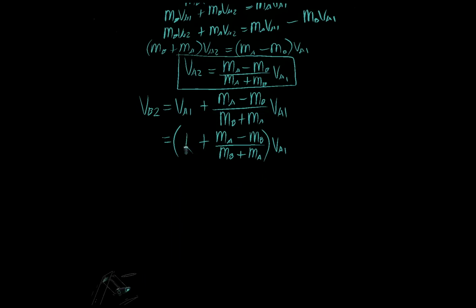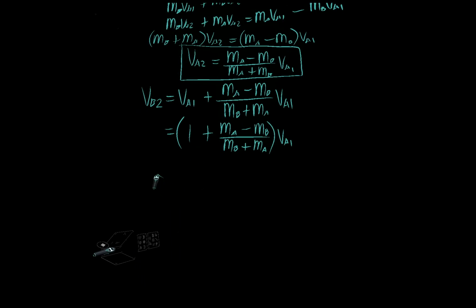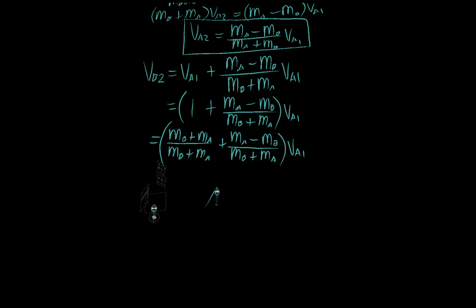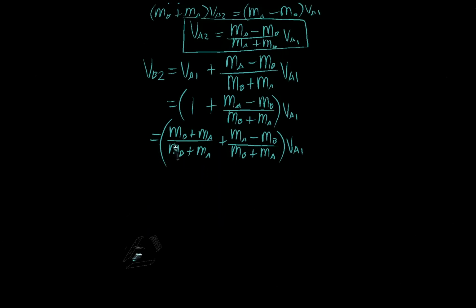Then we're going to get a common denominator here, right? So equals MB plus MA over MB plus MA, just to be explicit, plus MA minus MB over MB plus MA. And that's all, again, times VA1. So now we can combine these things, and we have the MBs canceling out here.